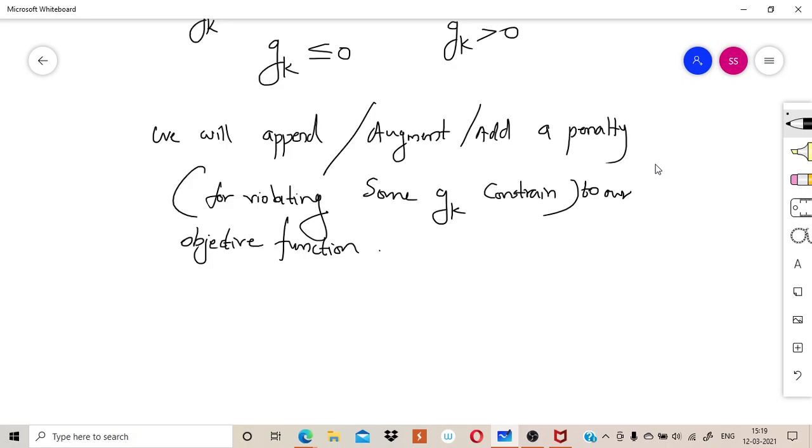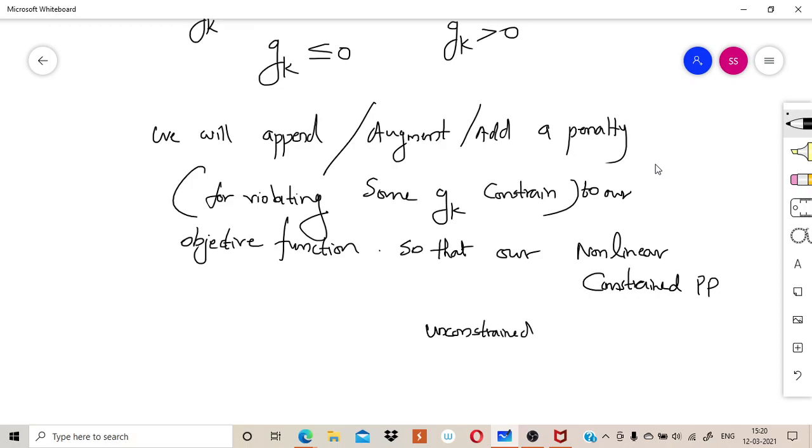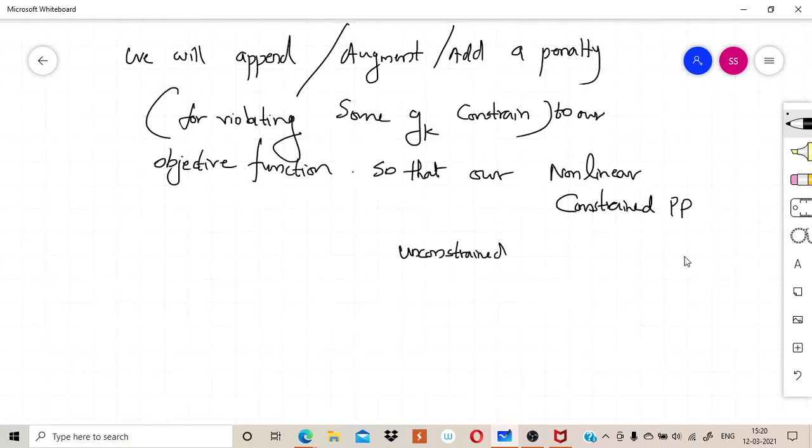So that our nonlinear constrained programming problem now becomes an unconstrained nonlinear programming problem, or in other words, a sequence of unconstrained minimization problems.